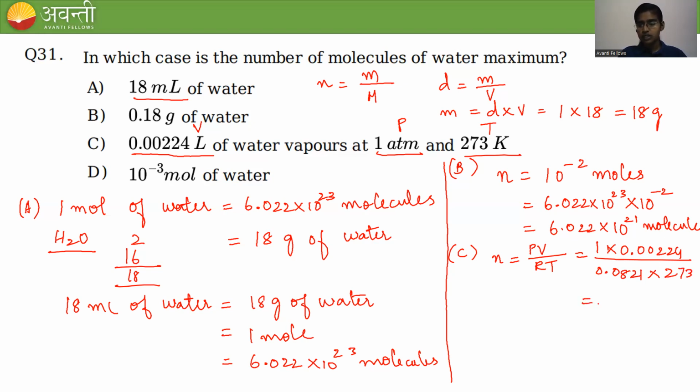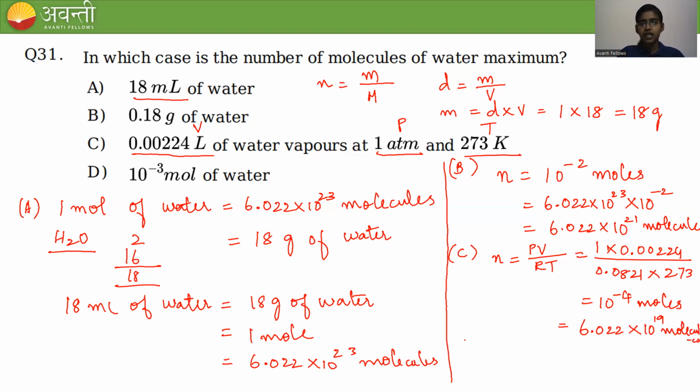On solving this, you will get 10 to the power minus 4 moles. That means Avogadro number into 10 to the power minus 4, so it will be equal to 6.022 into 10 to the power 19 molecules.